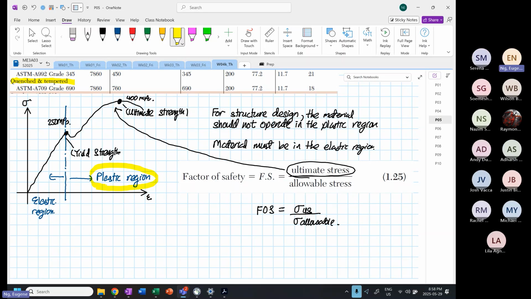I took the formula from the textbook, and I believe you all learned this in statics and strength of materials: the factor of safety is equal to the ultimate strength divided by allowable. Okay.